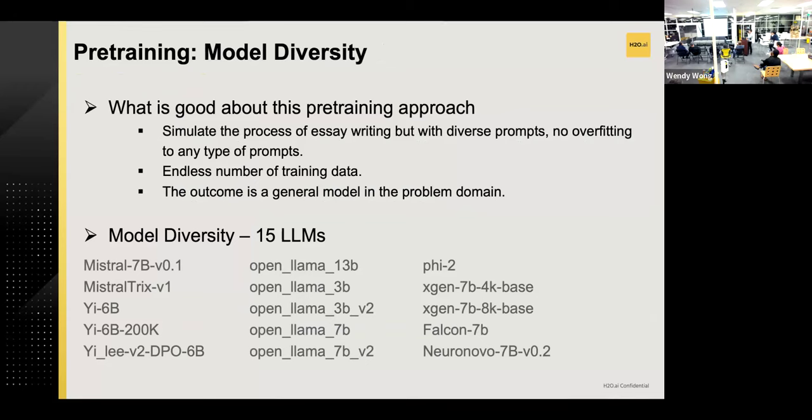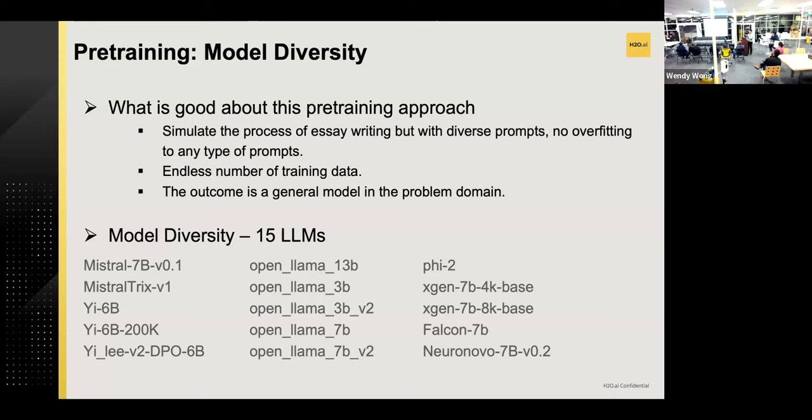So what is good about this pre-training approach? It simulates the process of essay writing. We remember that we use the first part as the prompt, and we ask the LLM to complete the second part.